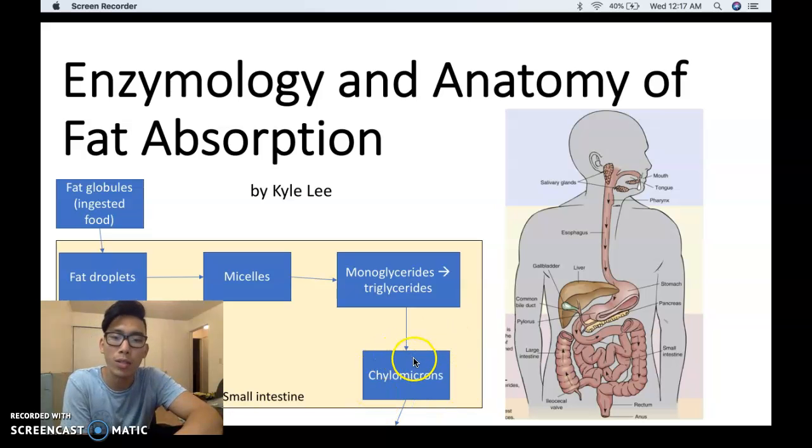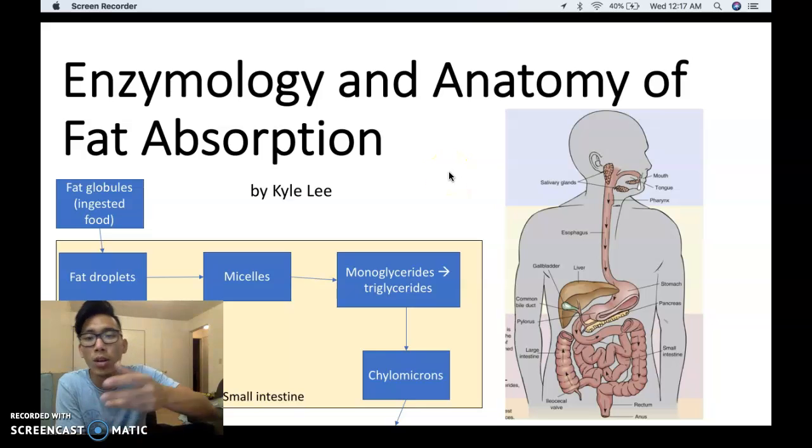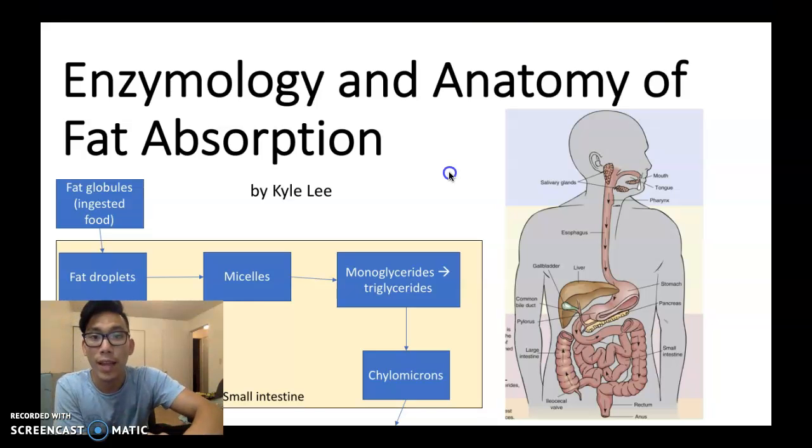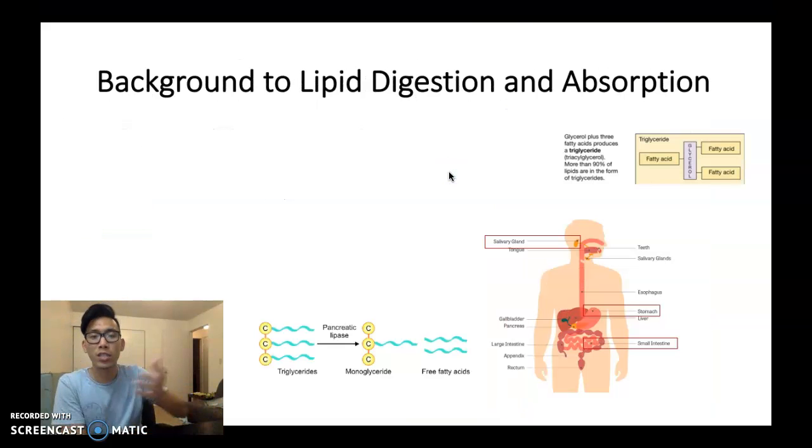These chylomicrons will then exit the intestinal cell and get absorbed into the lymphatic system. We will go more in depth with this mechanism later in this presentation. But for now, I wanted to touch briefly on the overview of lipid digestion and absorption.